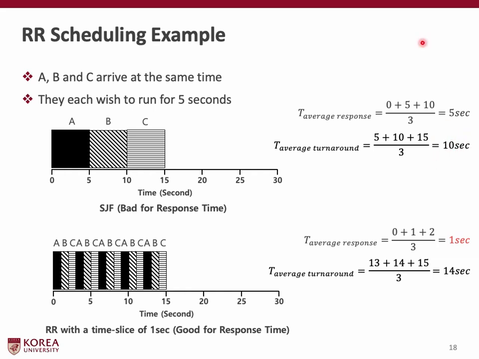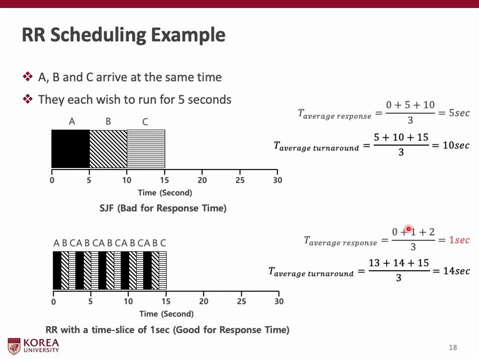Okay, now let's see what happens with round robin using a time slice of 1 second, like this figure. The CPU switches between the 3 jobs every second, A, B, C, A, B, C, and so on, until they all finish. This means A starts at time 0, B at 1, and C at 2.